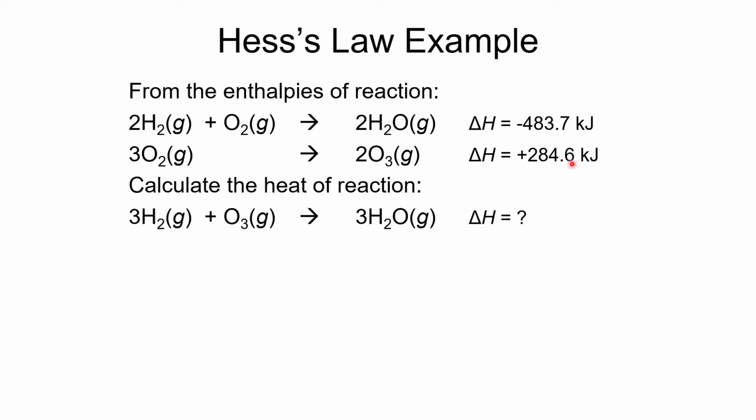From those, we want to calculate the delta H for this reaction. So to do this, we want to use a linear combination of these two equations that will give us this. If you've ever done the thing where you add together equations to solve for x or y, then this is essentially what we're doing. It's just a little bit more involved.